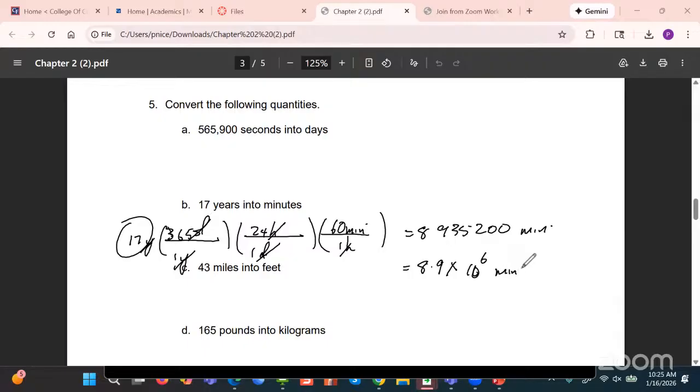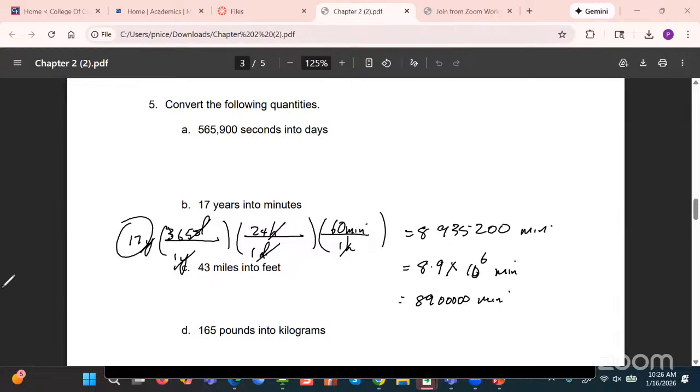Or if you prefer, you can simply write it as 89 with 5 zeros minutes, right? Same thing. All right? Okay, any questions about this one? Any questions?